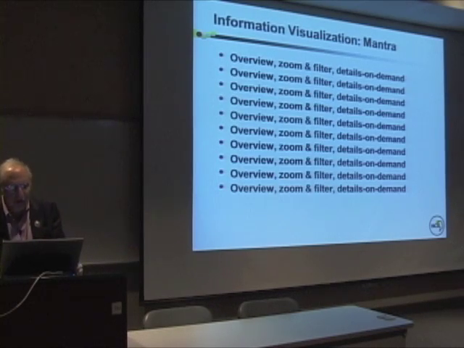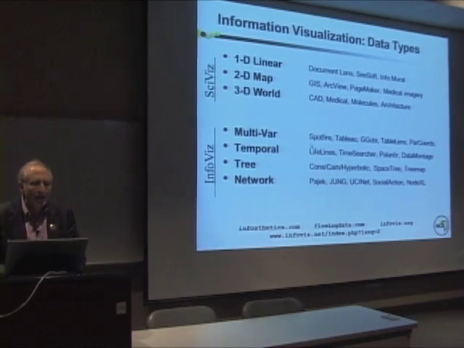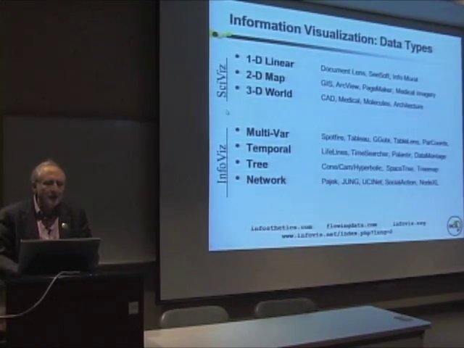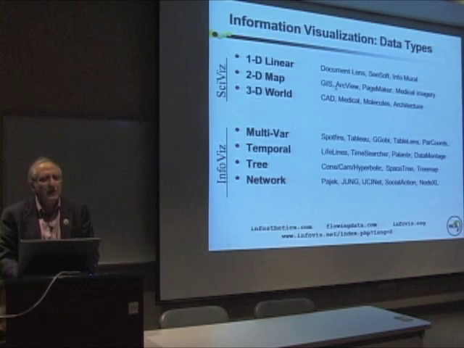So I'm going to try to show you how we did this in a lot of applications, and I want to sort of lay out the territory of InfoVis, separated from SciVis, the more 50-year-old discipline of looking at 3D models of the real world or 2D geospatial data representations. And what we're after is this new world of information visualization.